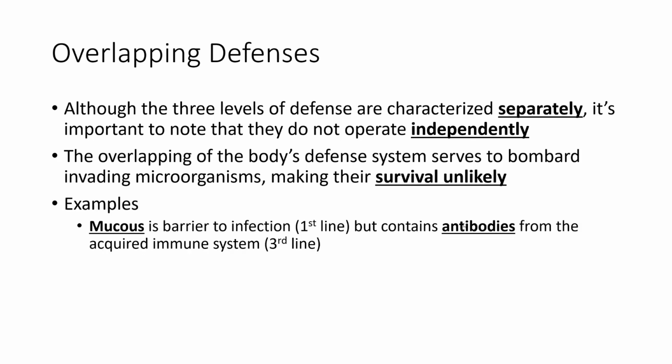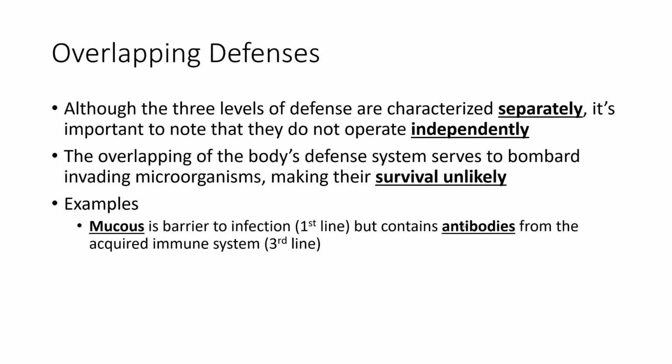So, for example, one of the important aspects of a barrier to infection would be that it's made up in areas of the body of mucus. So this, for example, is found in the lungs, in the gastrointestinal tract, the stomach, even in the reproductive organs, down inside the body, on the internal areas.